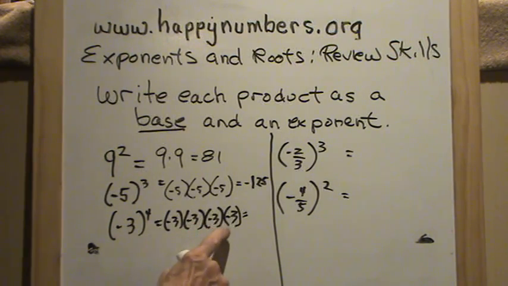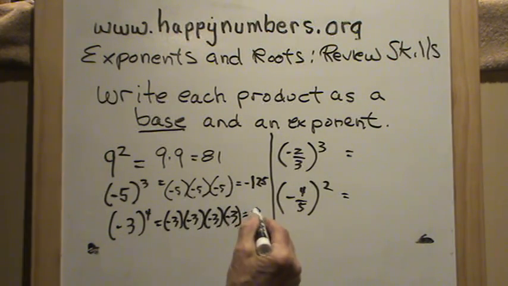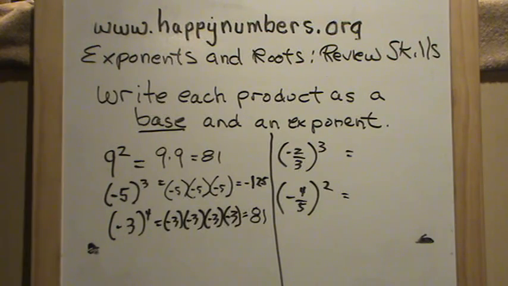And then a negative times a negative will give me a positive. So I know my answer is going to be positive. So now I just do my multiplication. 3 times 3 is 9. 9 times 3 is 27. And 27 times 3 is 81. Okay, so that's that side.